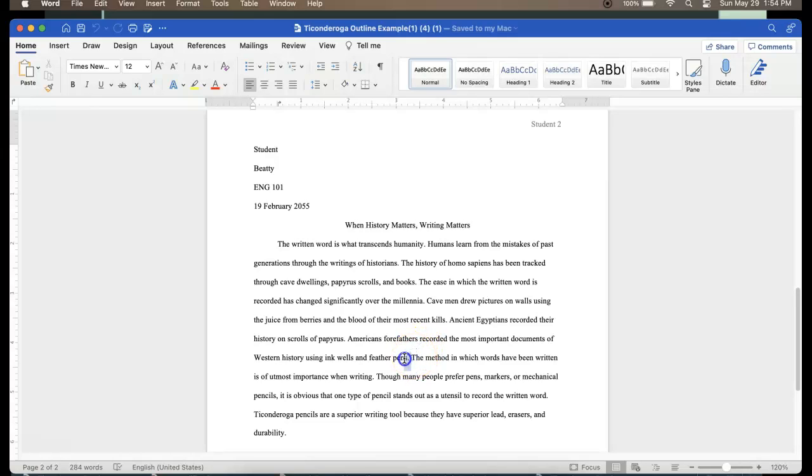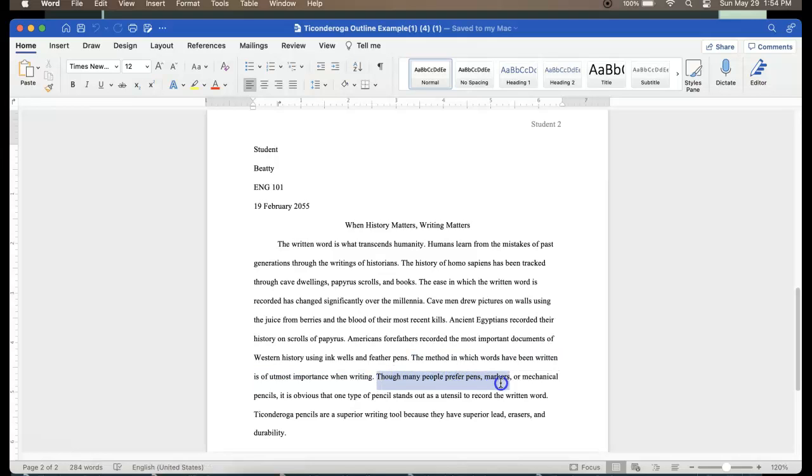And then this sentence serves as a transition from history into what the paper is going to be about. So the method in which words have been written is of utmost importance when writing. So we're not just talking about the history of the written word anymore. We're talking about the way humans write words on paper, what they use to write words on paper.